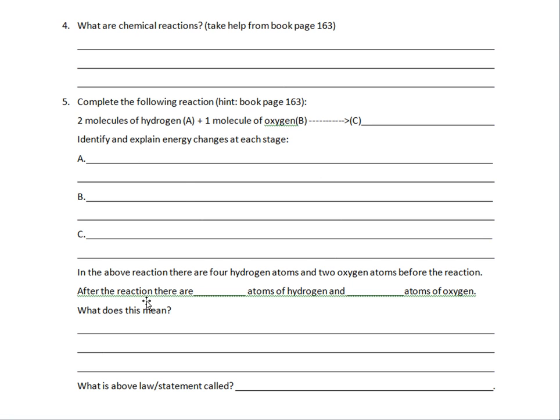So after the reaction, once the reaction has taken place, take help from the book, page 163, and then you have to answer after the reaction has taken place, how many atoms of hydrogen are there and how many atoms of oxygen are there. Now this requires another concept over here.